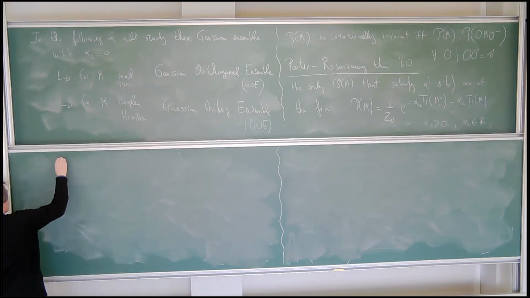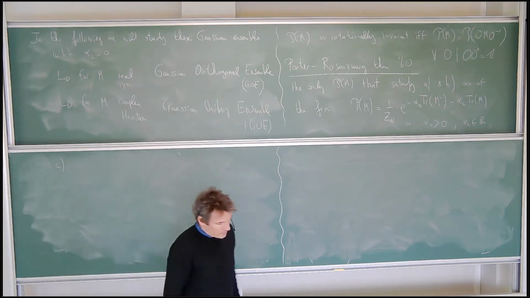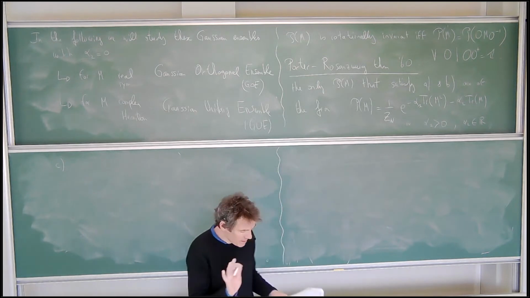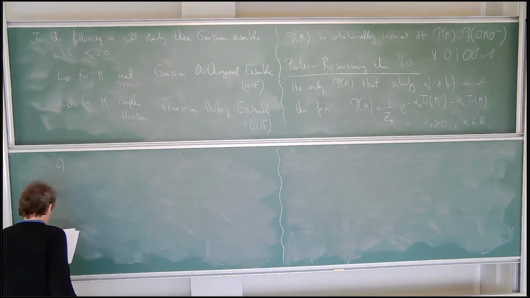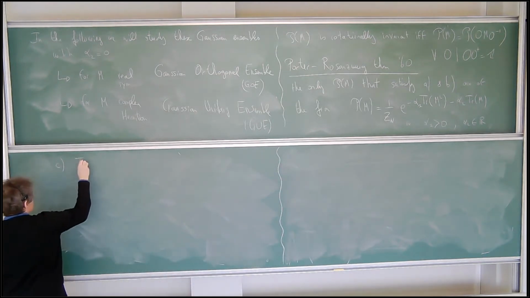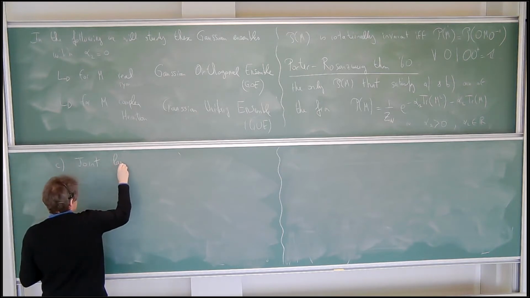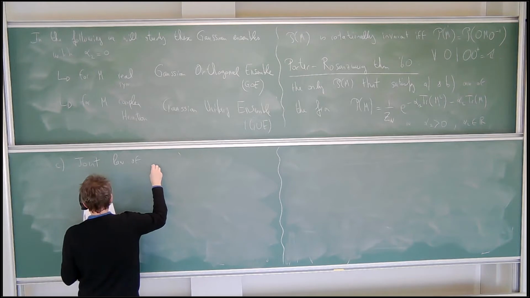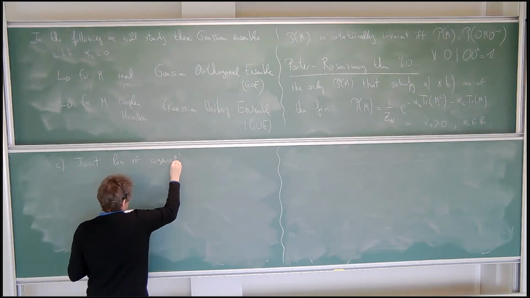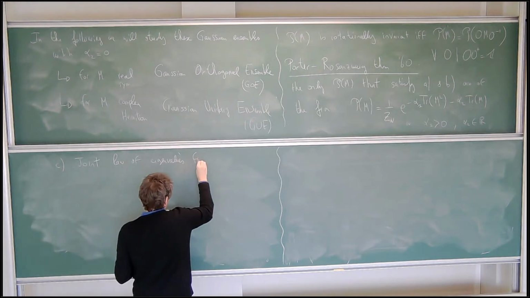But today there won't be any dynamics, no Brownian dynamics, just purely statics. And what we would like to compute is the joint law of the eigenvalues, say for GOE and GUE.